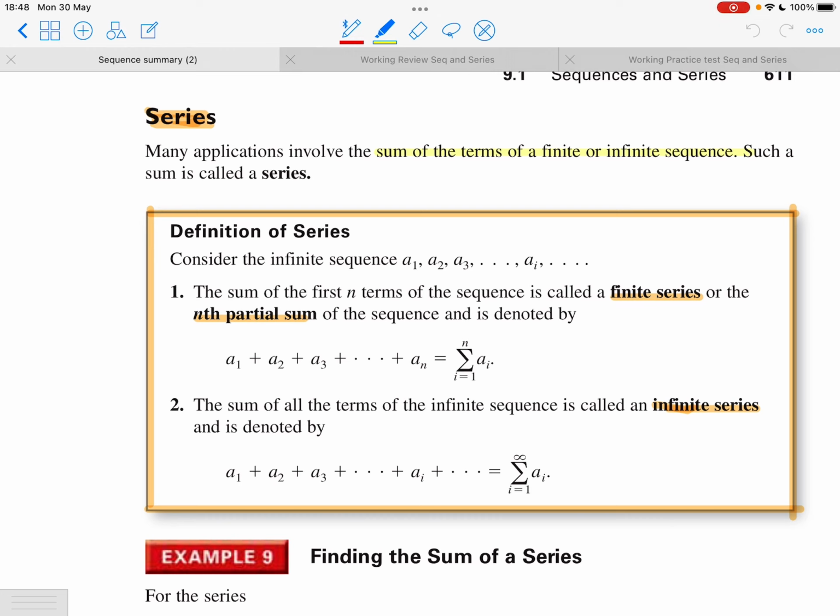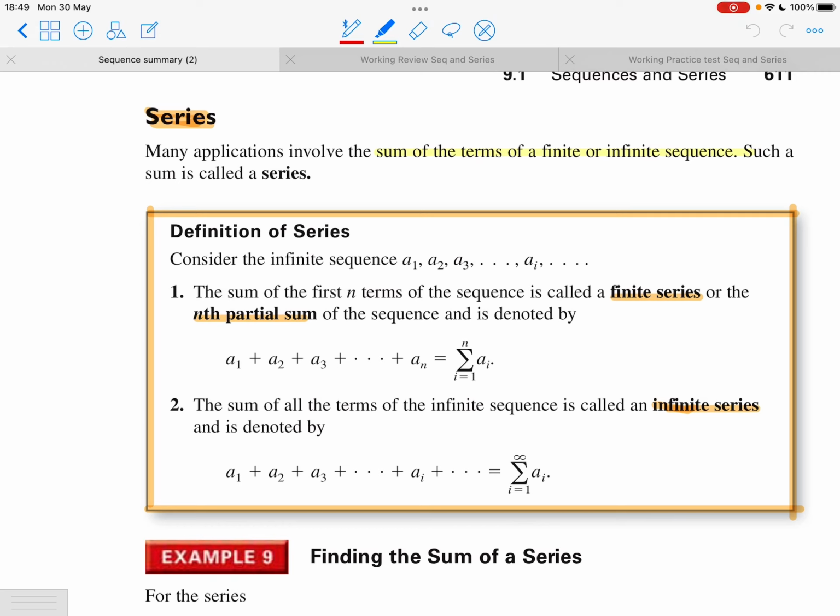Now, the definition of a series is the sum of the terms of a finite or infinite sequence. So a sequence is just like a set of numbers that has relationships. A series is the sum of the terms.